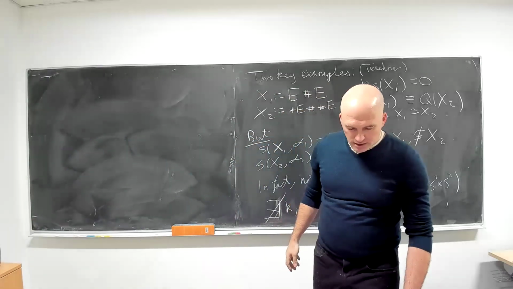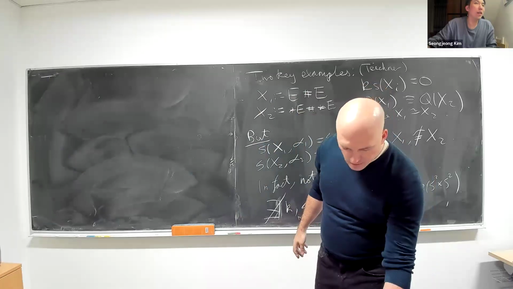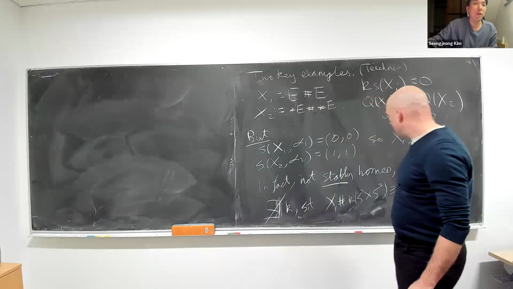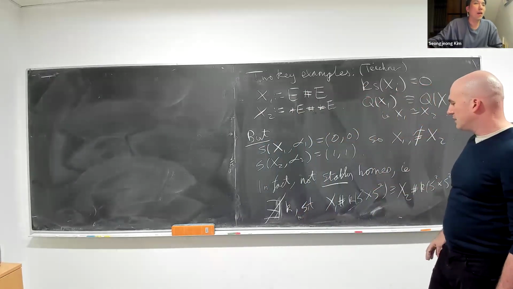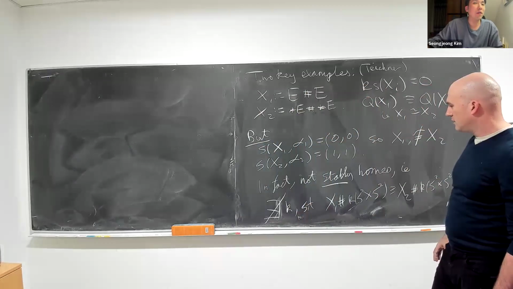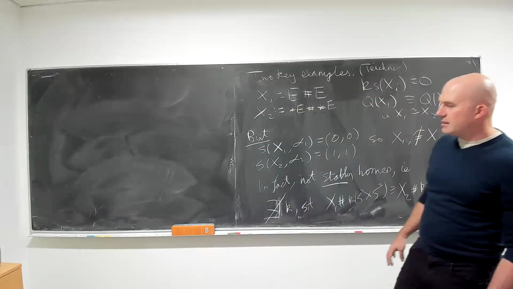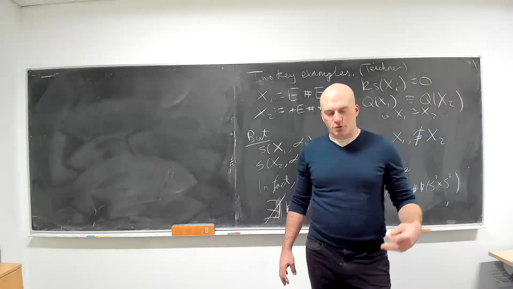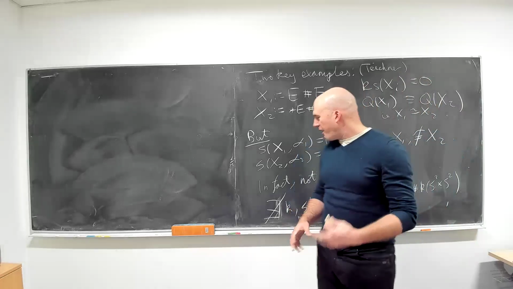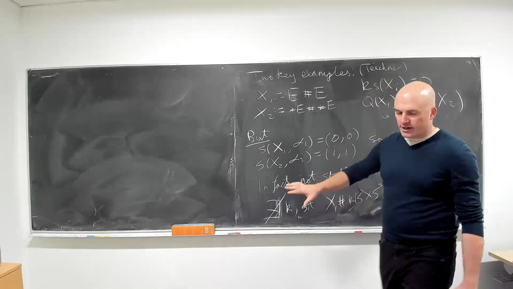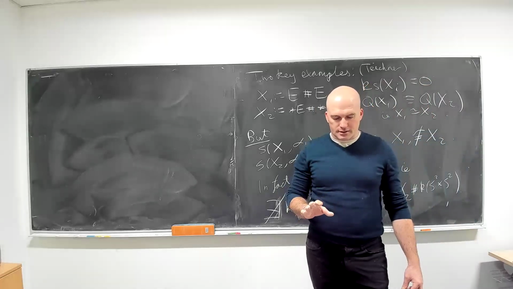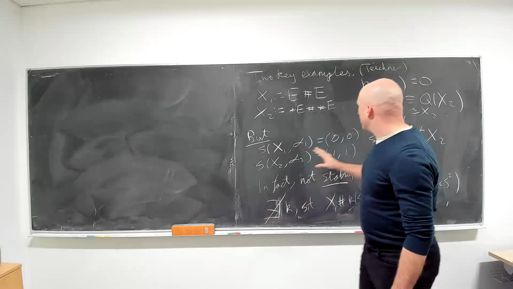Excuse me, sorry, I have one question. Here you said, in fact, they are not stably equivalent, stably homeomorphic. Yes. Can that fact also be shown by your theorem? Not by the theorem directly, but one would have to do some extra work to prove that the invariant S is actually a stable invariant.